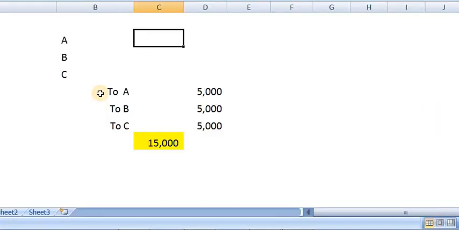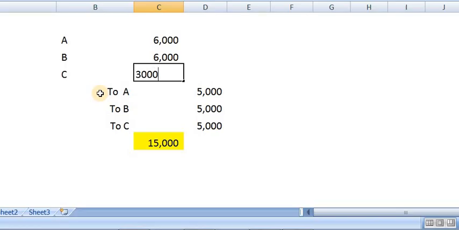That means here A should give 15,000 into 2 by 5, which is 6,000. B also should give 6,000. And C should give 3,000. That is the meaning of 2:2:1.